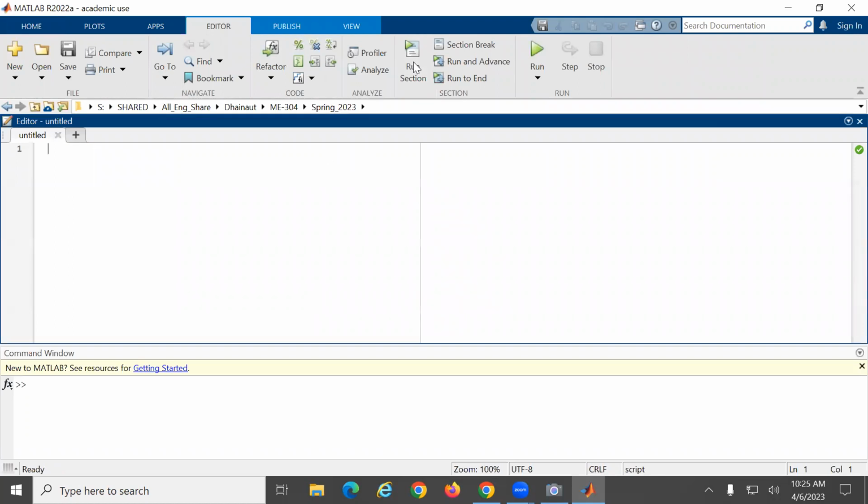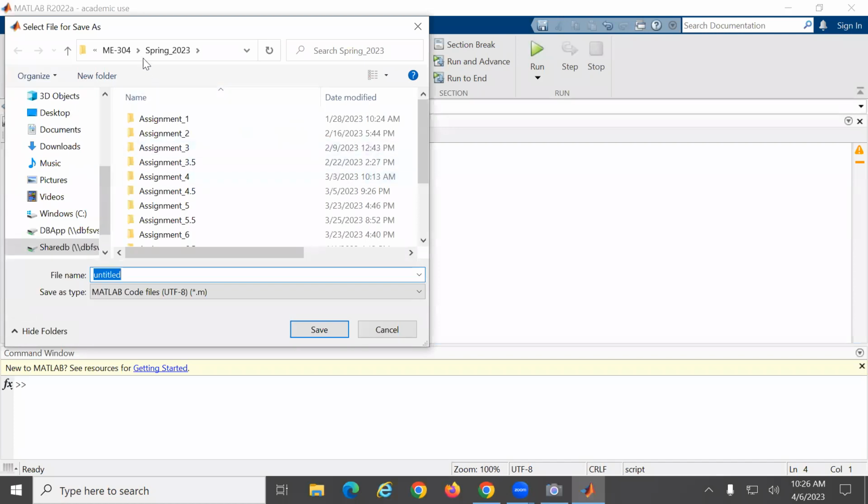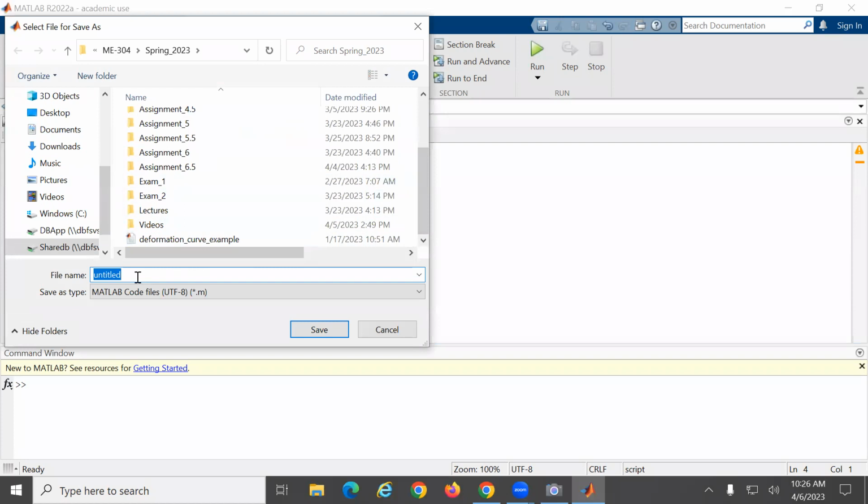So here, what I do all the time is clear all. If you have other good habits, let me know. Let's save this file, save as, Spring 2023. Okay, can we call this one shaft?